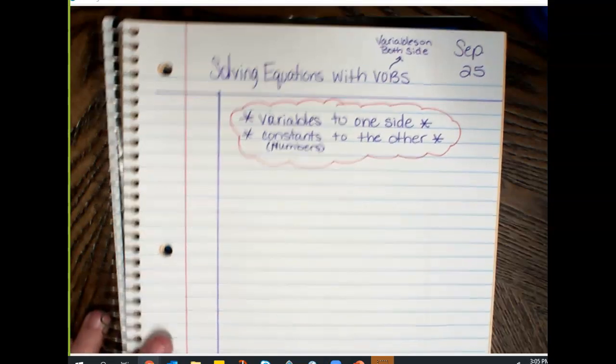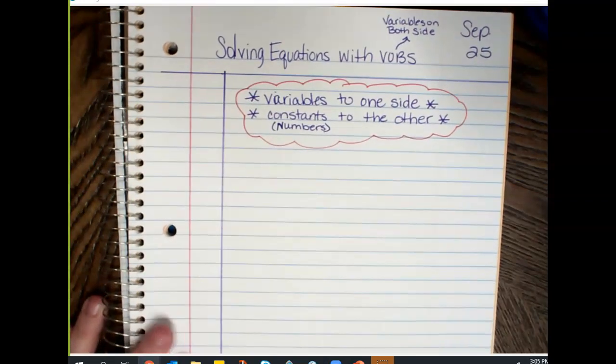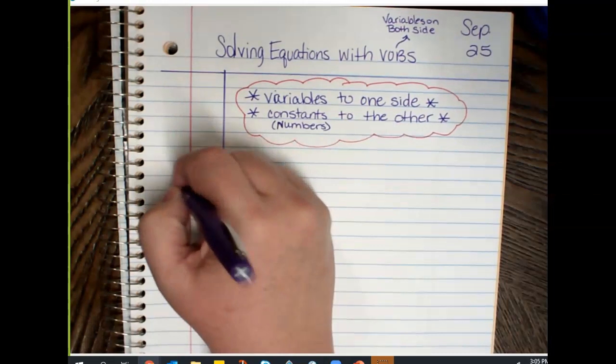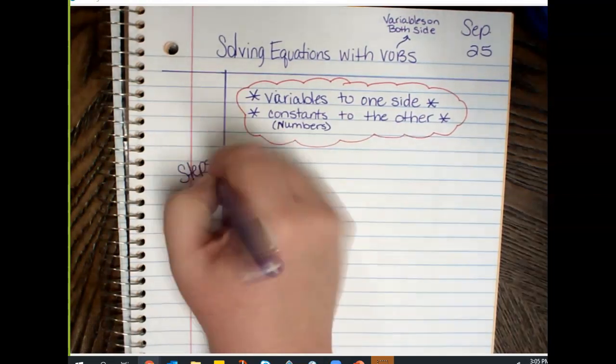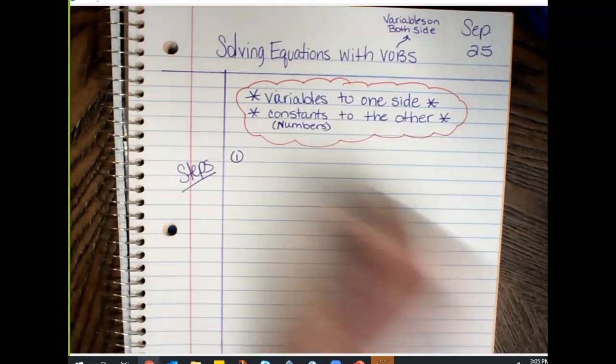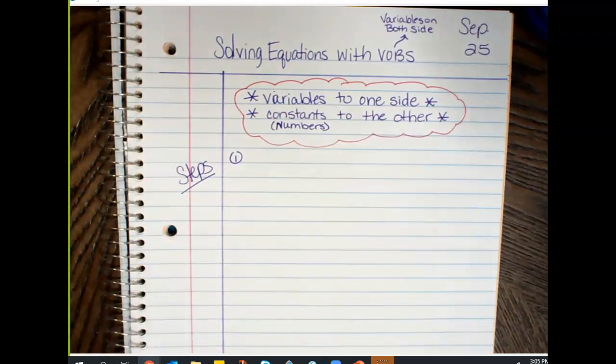There are 4 steps that we'll use to solve equations. Step number 1. Remember how in our assignment yesterday we had to fix the problem by using distribution? We had to distribute the number outside the parentheses. Well, we might have to fix these problems and do the same thing.